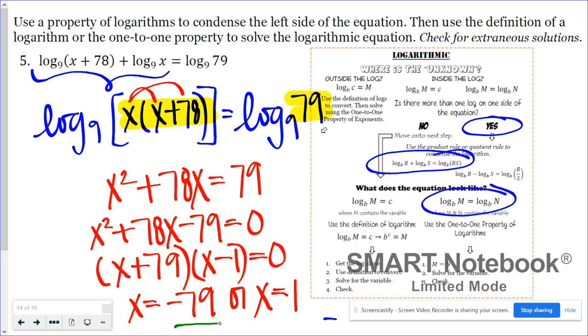Notice negative 79 here just wouldn't fly, because I can't have log base anything of a negative number. So negative 79 is extraneous. It doesn't work. 1 would work. So I plug in 1 here, log base 9 of 1, that's positive. It would work here, 1 plus 78 is 79, that's positive. So x equals 1 is our solution.